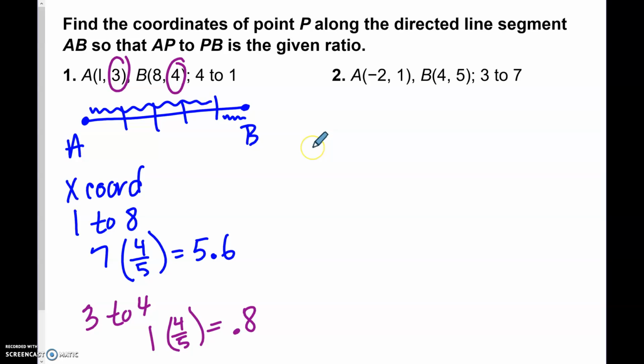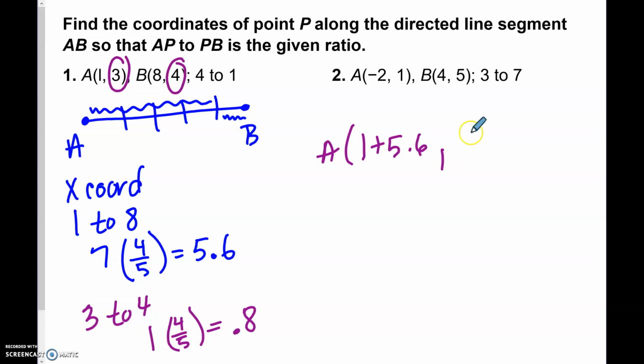Okay, so I started at A. See how I started at 1 and went to 8? I started at 3 and went to 4. So I started at A, 1, and then I need to add to it 5.6. Whoops, I don't want that. I wanted a comma there.